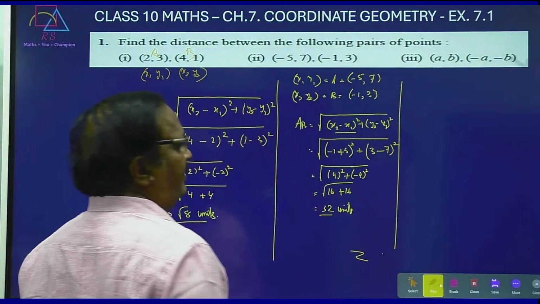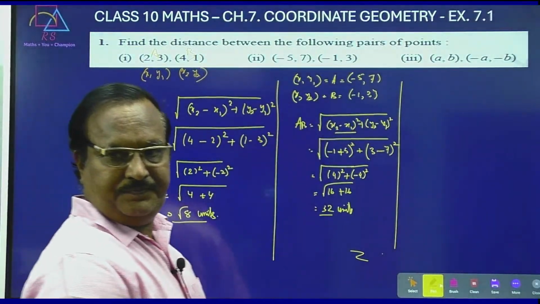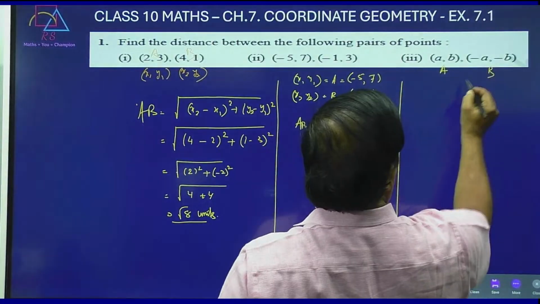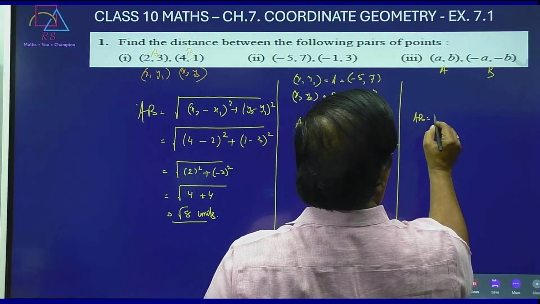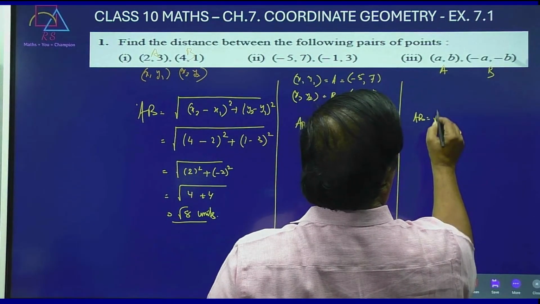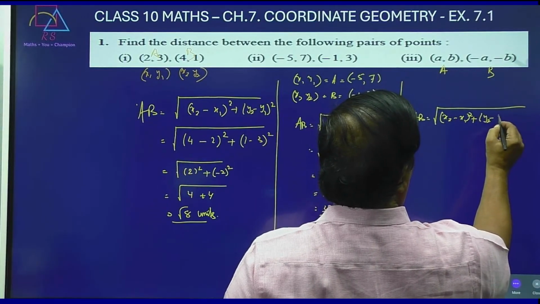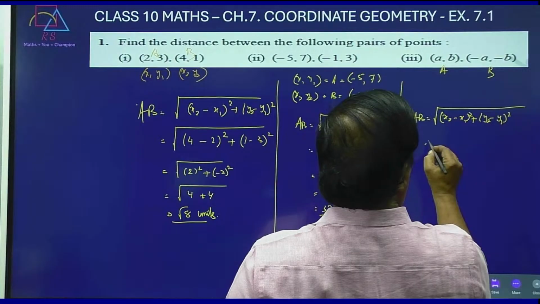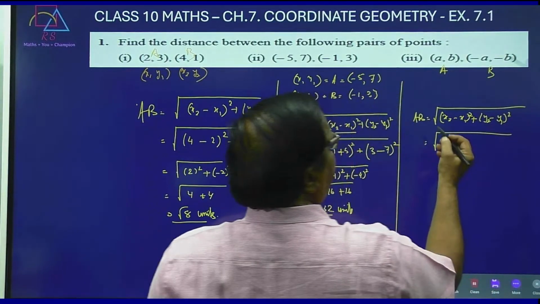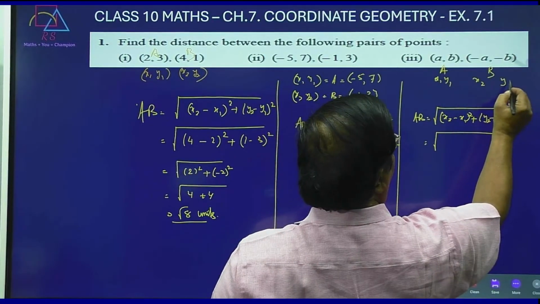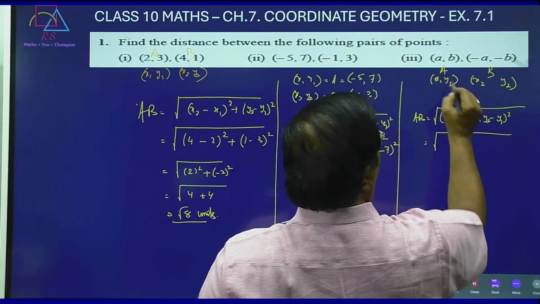Same way we will do that also, right. So, let us say this is A and this is B. AB is equal to square root of (x2 minus x1) whole square. You write it here x1, y1 and x2, y2. Okay.